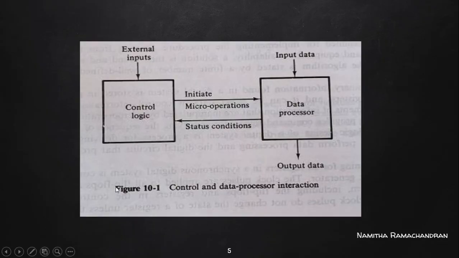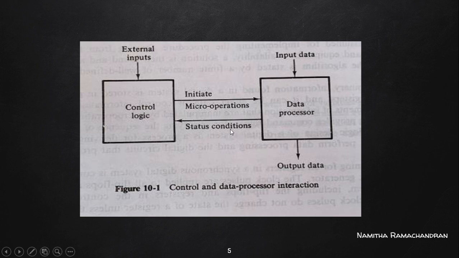So this particular diagram shows the interaction between control logic and the processing unit. Control logic of our system, with respect to various external input provided to it, generates certain control signals. These control signals act as an order to the processor in order to start the execution of various operations by using the input provided and generate the output value.